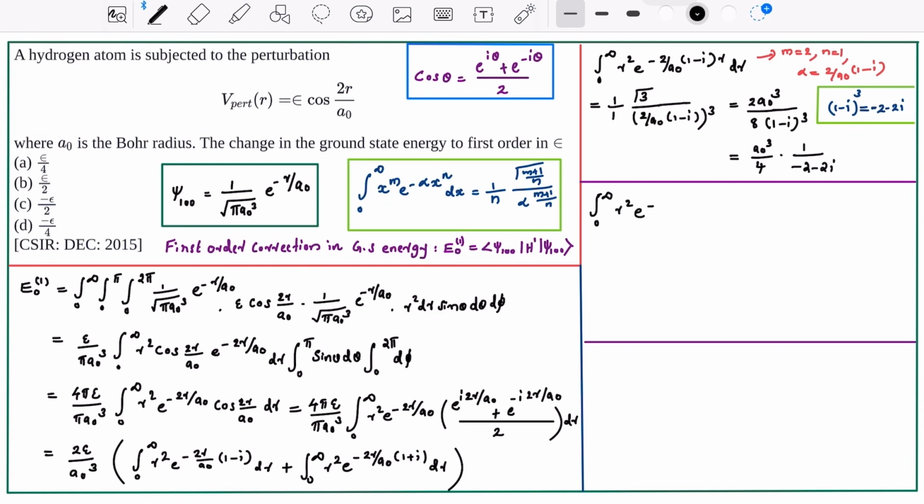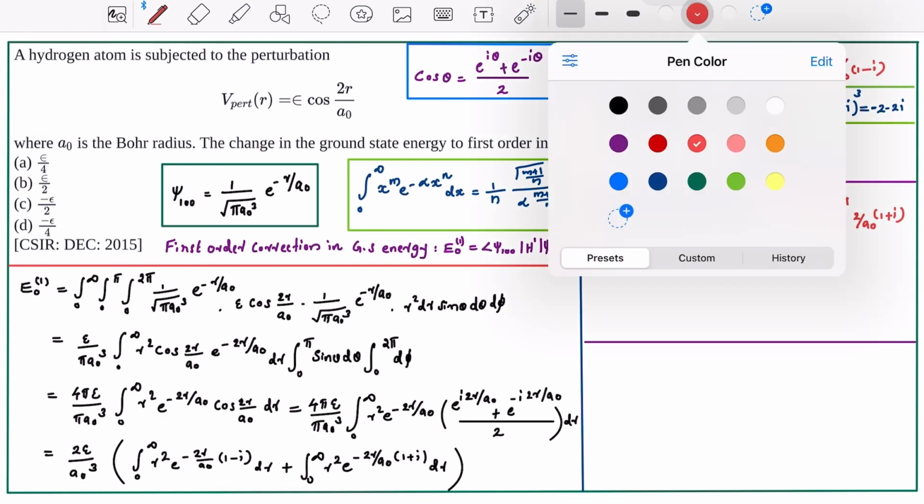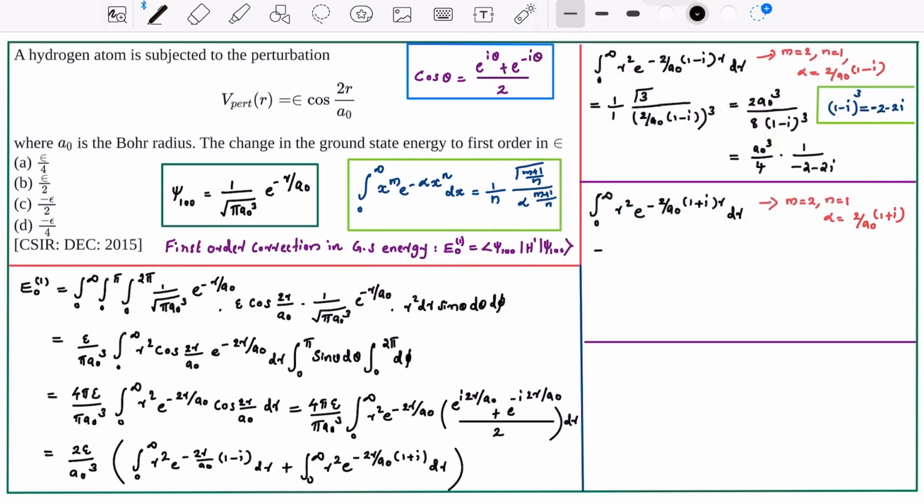In the same way, let us evaluate the second integral. Integral 0 to infinity R squared e raised to minus 2R by A0 (1 plus i) dr. Here again the value of m is equal to 2, n is equal to 1 and alpha is equal to 2 by A0 (1 plus i).